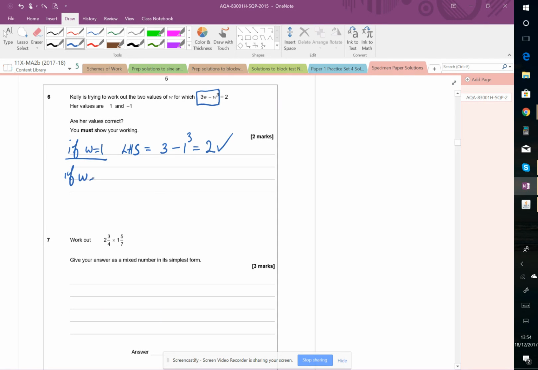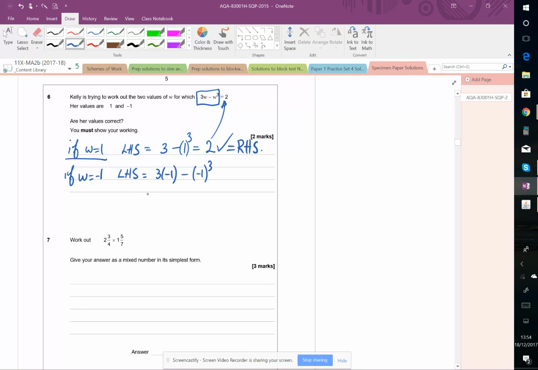If W is -1, then, so this is the right-hand side, by the way, so that's the right-hand side being 2. Here. If W is -1, then the left-hand side becomes 3 times -1 minus -1 cubed. Notice that we're being very careful here that W is being cubed, so all of -1 is being cubed. So here we're cubing 1, here we're cubing -1.